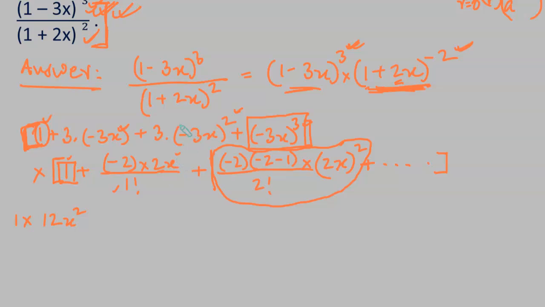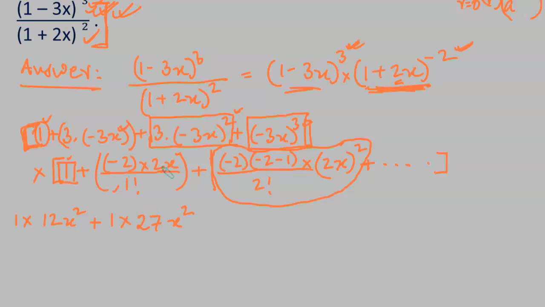Next, what we can do is we can take this part, this one, and we can multiply this with this term. Okay, so it is plus 1 times, this one is 3 times negative 3 whole square, which is 9. So 9 times 3 is 27. So 27x square. Okay, and finally we will be multiplying these two.